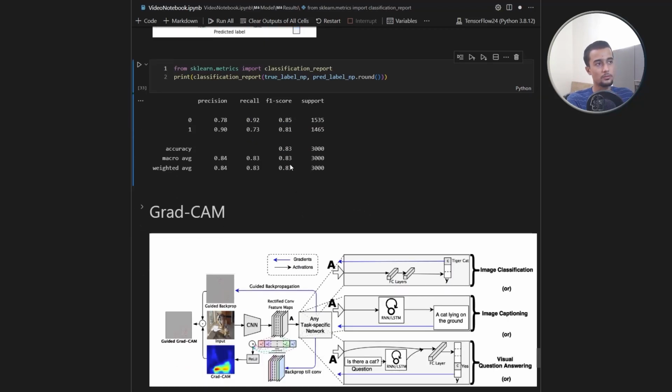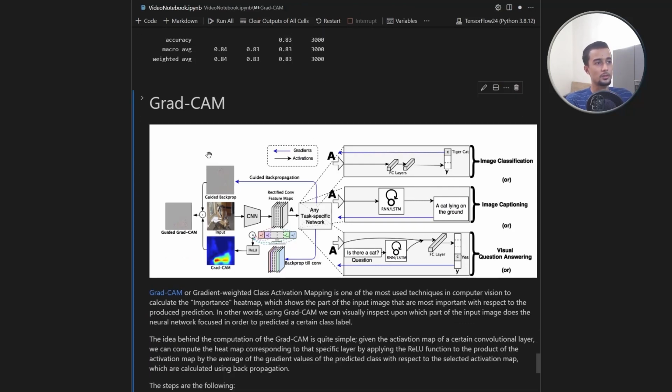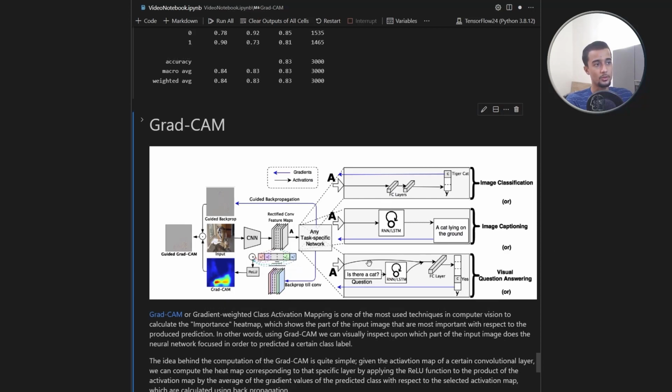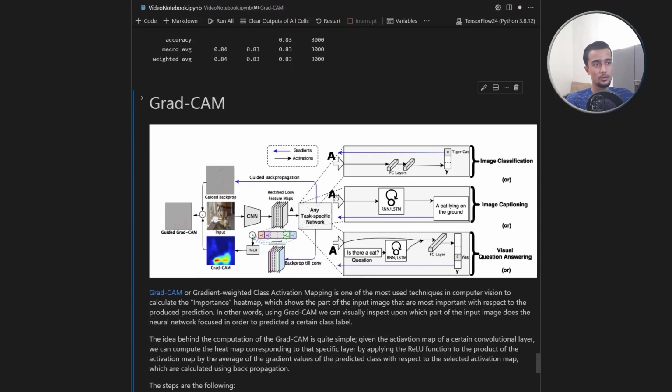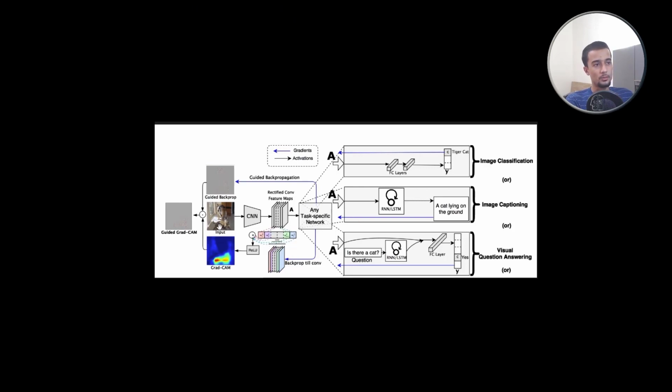We're not focusing on the performance, as I said, but we're going to focus on the Grad-CAM algorithm and implementation and its results. So here we have the Grad-CAM algorithm illustrated in this image, which is from the original paper of Grad-CAM. So let's talk a little bit about this algorithm. Then we're going to see its implementation. So here we have an input image, and it is fed to a CNN.